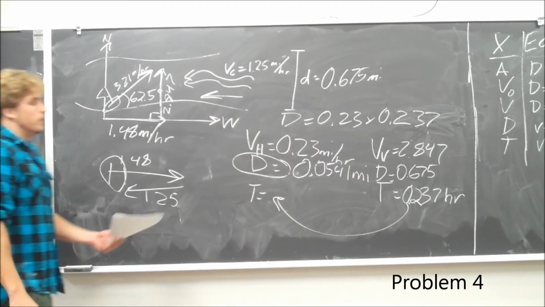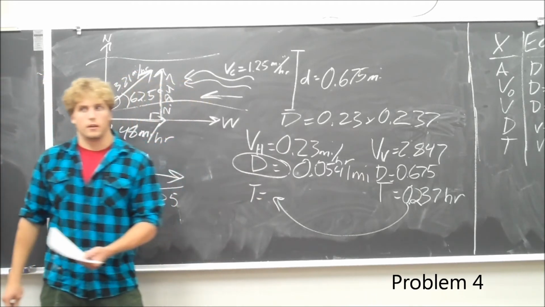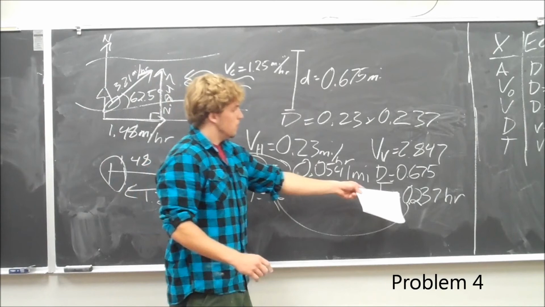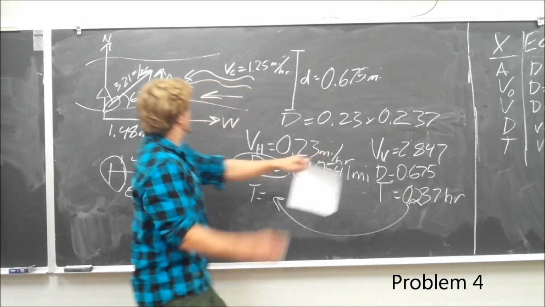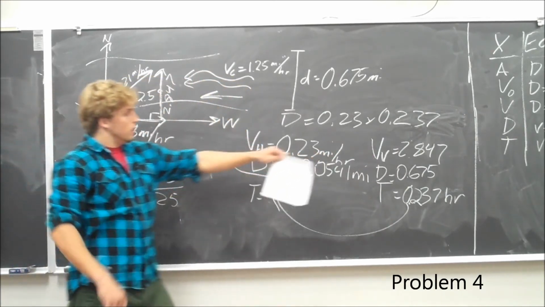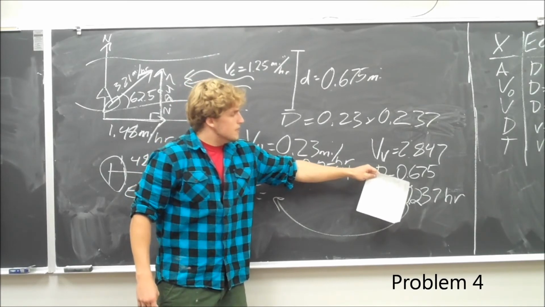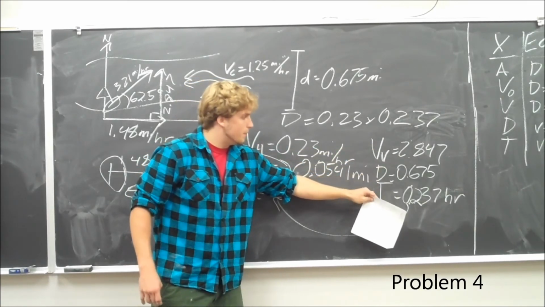So, do I need to go over how to change? Oh, I'm sorry. Yes. How did we get this time? Well, we solve for this, and we're given this distance. So we have d is equal to v times this time.